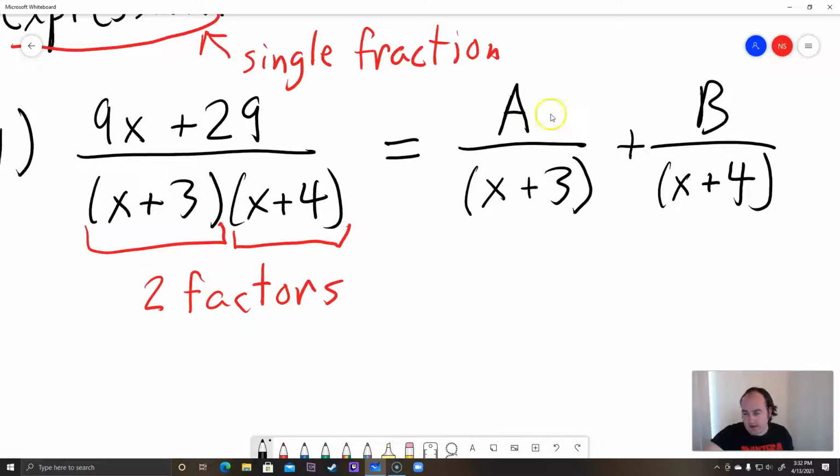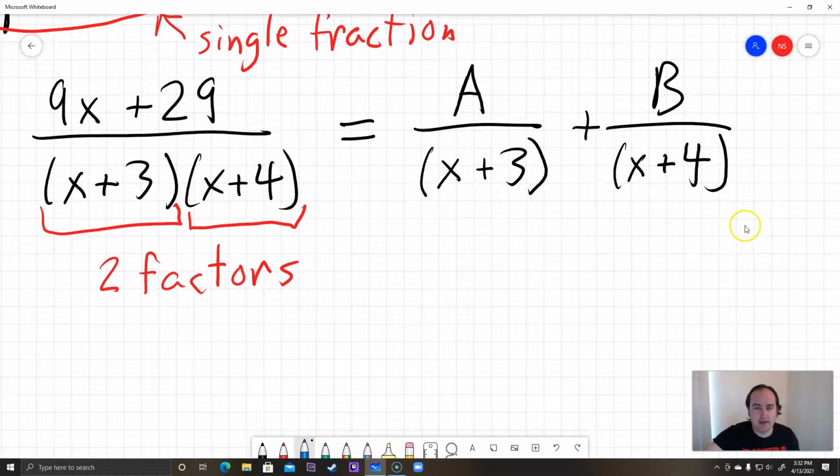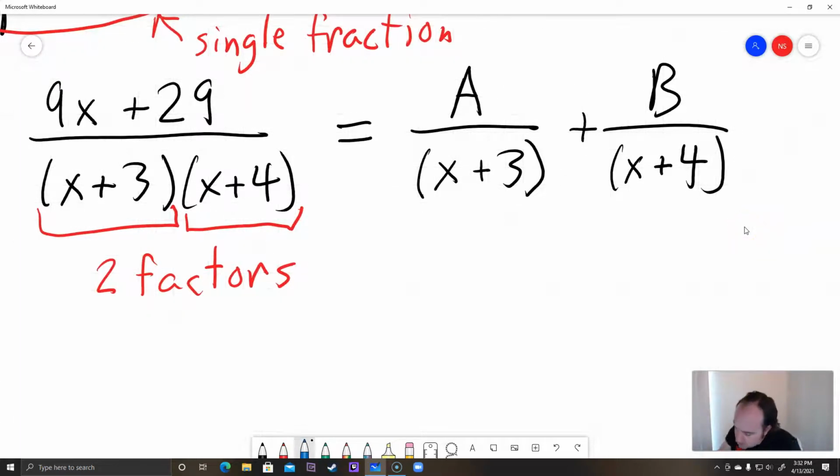Now, capital A, capital B, capital C are all unknowns. When I say unknowns, that means we're going to have to solve for them as we're doing the problem. So capital A and capital B are both unknowns.